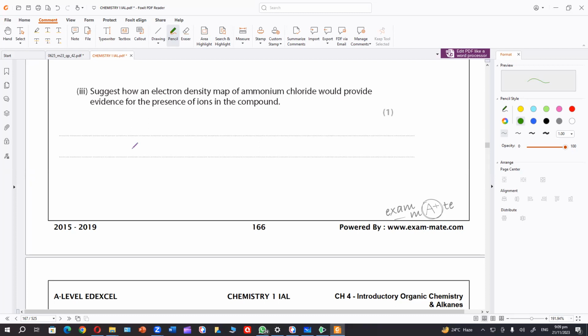So we should make some ammonium chloride, with the ammonium ion. Should we make ammonium chloride, or the lines are given, no space for drawing actually? Should we write a script here, or draw those density lines?